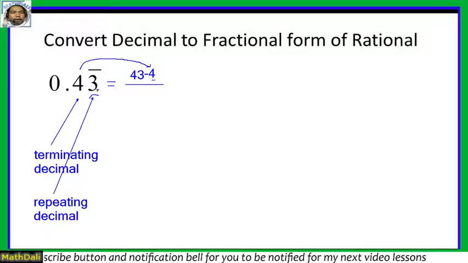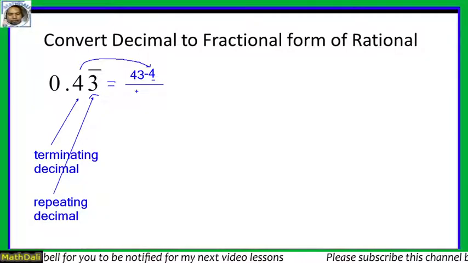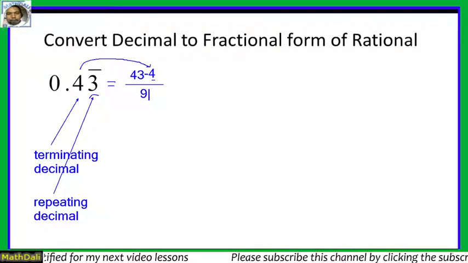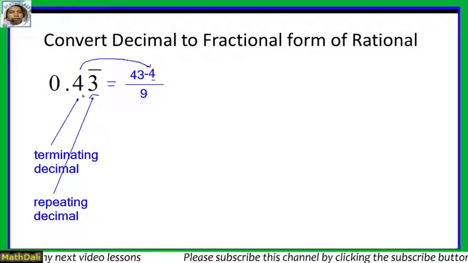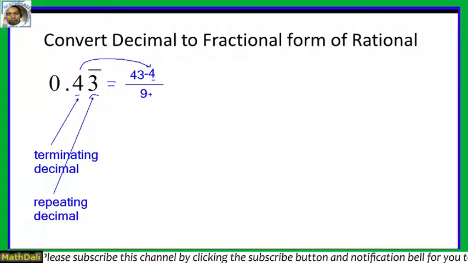Then, ilan yung ating repeating decimal dito? Meron tayong isa. So, ibig sabihin, dapat isa yung ating 9 sa denominator. Ilan naman yung terminating decimal natin? Meron tayong isa. So, maglalagay tayo dito ng isang 0.